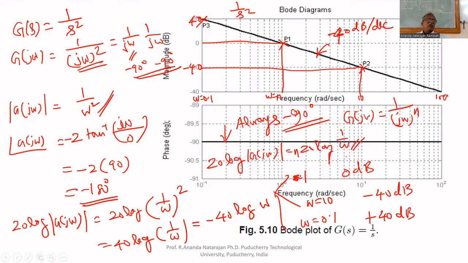So we have to multiply. If you know 1 by omega, we can find any number; we just have to multiply by that power. In this case the power is 2, therefore 20 becomes 40. If the power is 3, it becomes 60. But anyhow, for omega equal to 1, it is always 0.